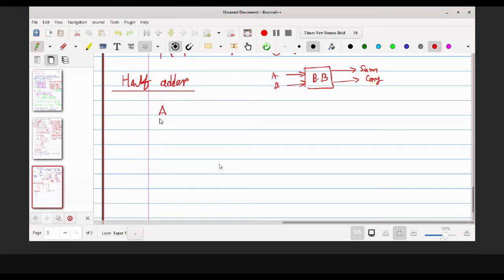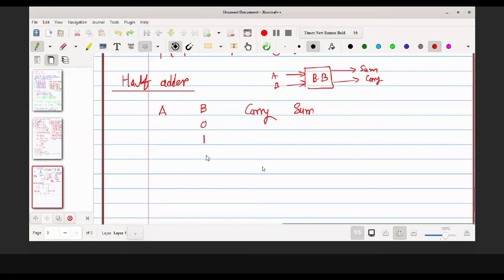I'll write it like this: carry and sum. Okay, so A and B can take values like this. Now it is known to you, there is no trouble at all.